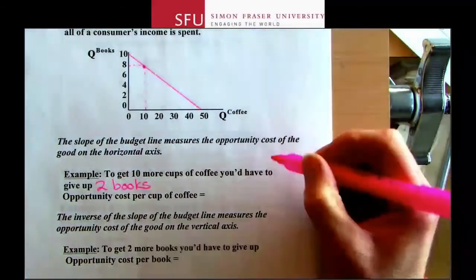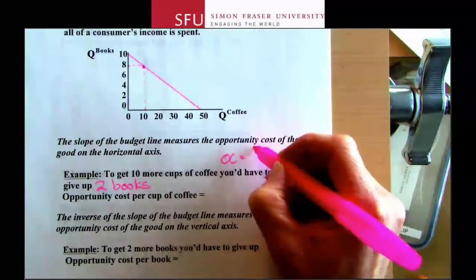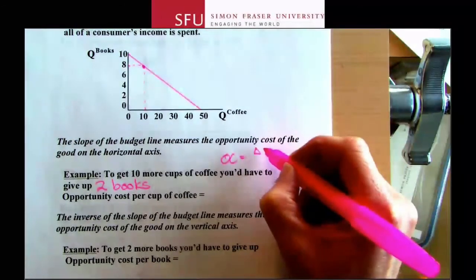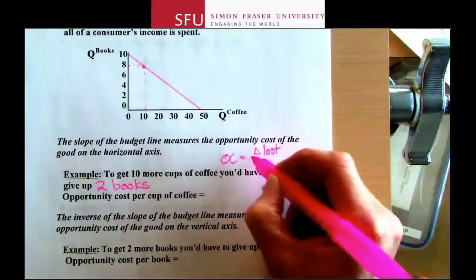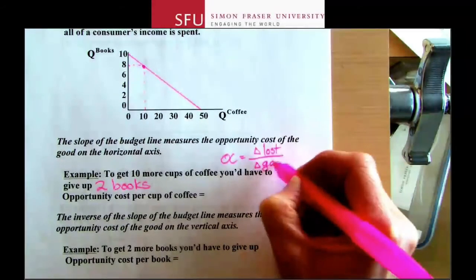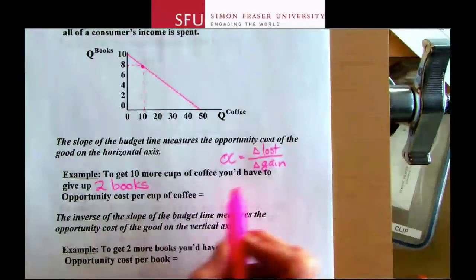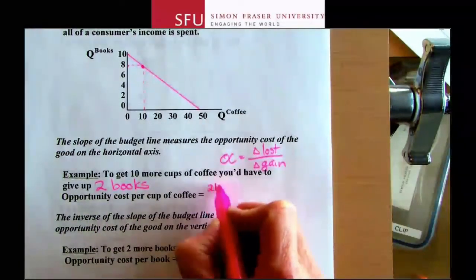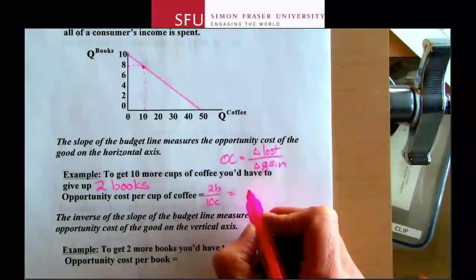And so then if you remember the formula for opportunity cost, on the top you put what you lose over what you gain. So the opportunity cost per cup of coffee, we'd put 2 books on the top and 10 coffee, and then we can simplify that.